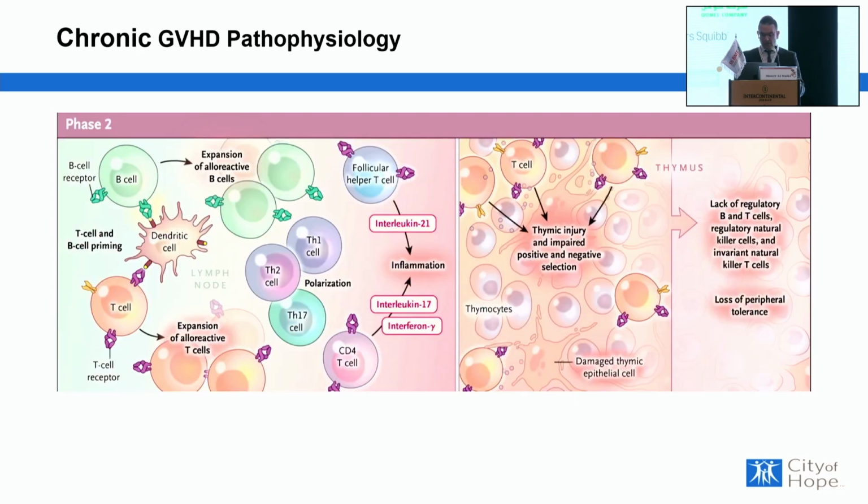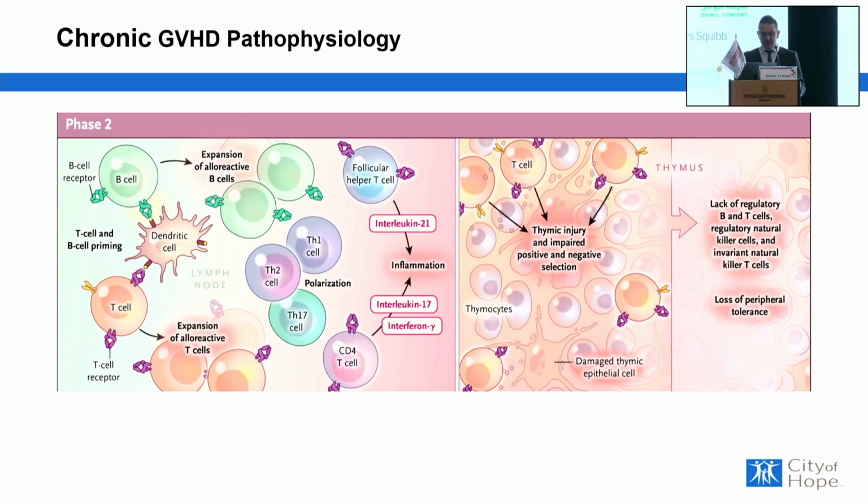In phase 2, effector populations of the adaptive immune system, including alloreactive B cells and T cells, both get primed with antigen presentation and lead to expansion and polarization towards more effector cells such as type 1, type 2, and type 17 helper cells.